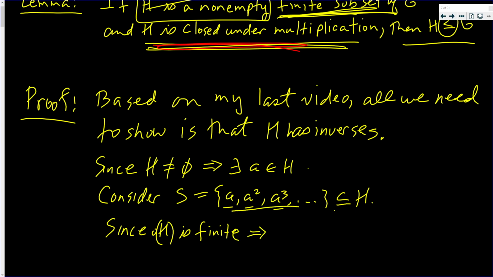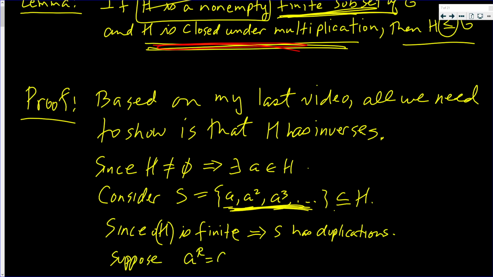That implies, since this looks like an infinite number of elements in S, that S has duplications. Suppose A to the R is equal to A to the S, where R and S are natural numbers and say R is less than S.